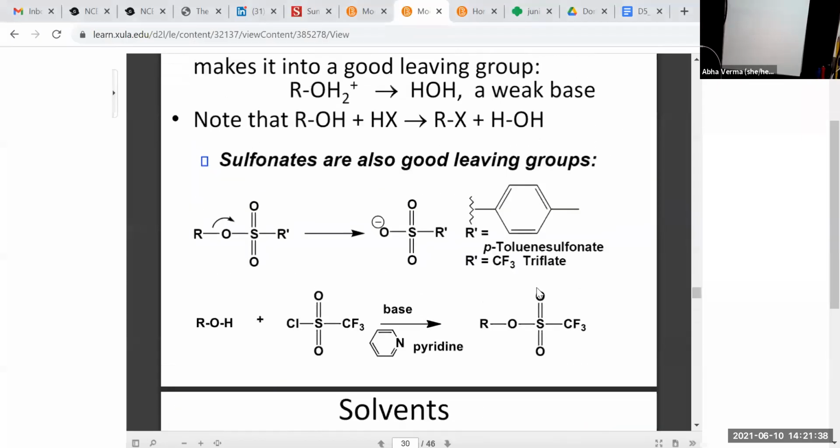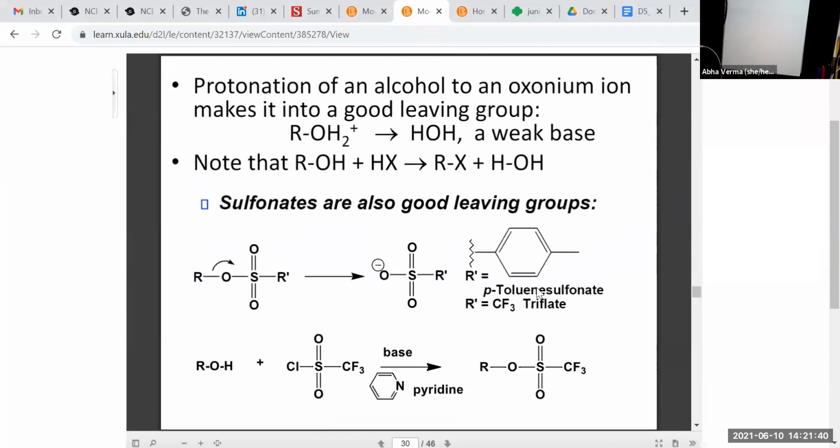With leaving groups, we just discussed OH to be a bad leaving group. So there are two methods by which we can make hydroxides great leaving groups. The first is by making water out of OH, and the second is by making a sulfonate out of that. So let me show you the sulfonate part first. Look at this. There is R. What is R?